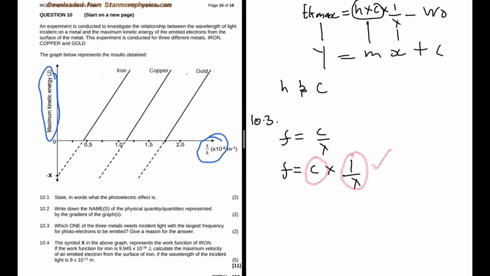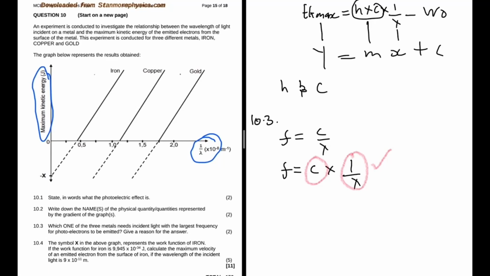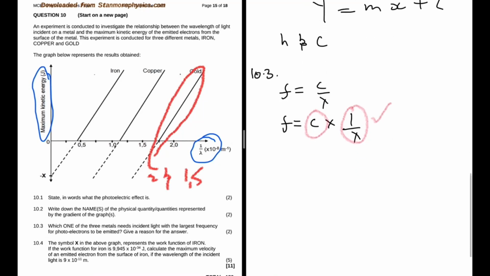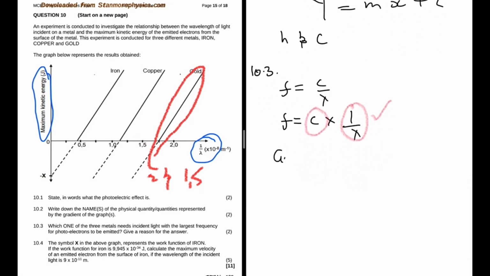So the bigger 1 divided by wavelength, the more frequency is required. So when we go to our graph here, which one is the bigger value for 1 divided by wavelength? Clearly it is gold, because it's here, right? It has a value of between 2 and 1.5. So here the metal that will require the largest frequency for photoelectrons to be emitted is going to be gold, right?